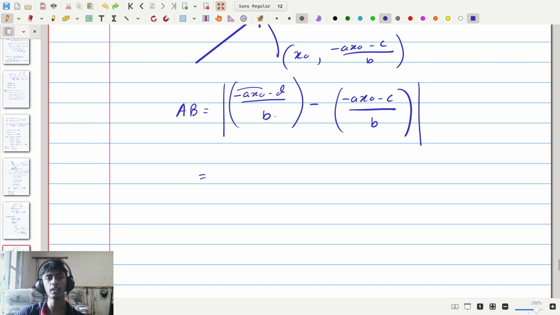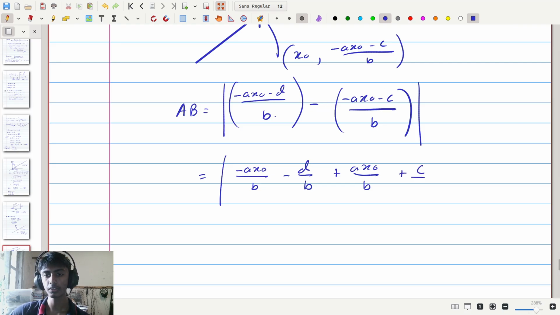Here we have negative ax0 divided by b and a negative d divided by b. Separating them, we get the absolute value of negative ax0 divided by b minus d divided by b. Over here, the negatives cancel to give us a positive ax0 divided by b, and these negatives cancel to give us a positive c over b, absolute value.